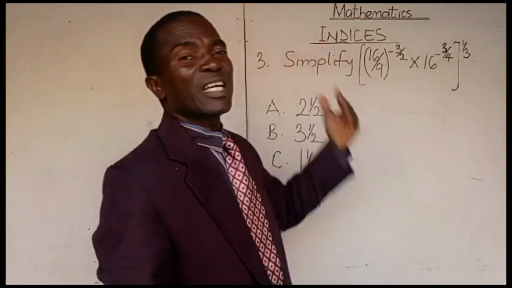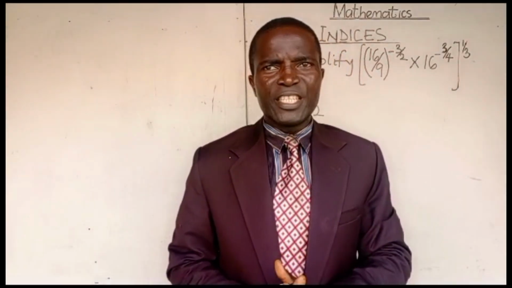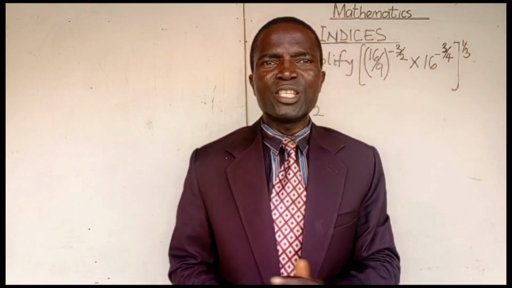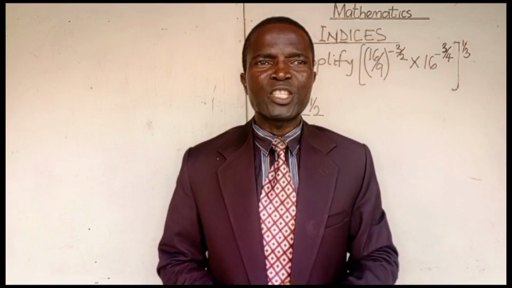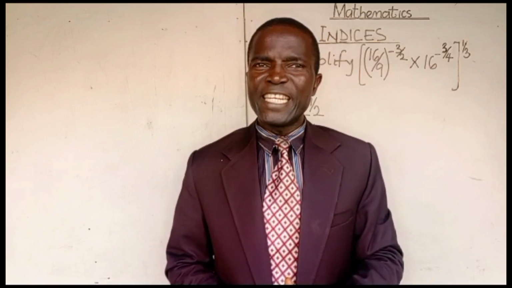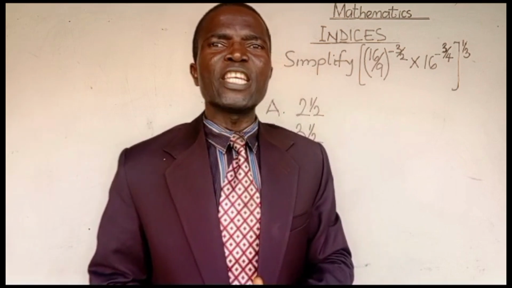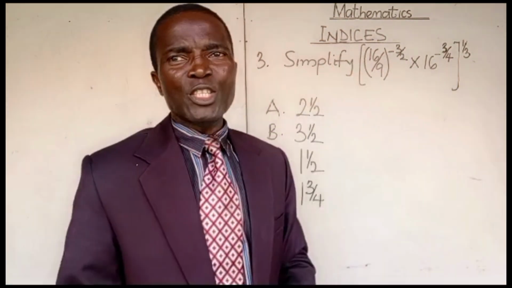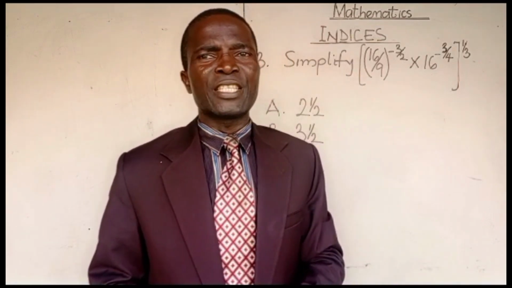This question centers majorly on indices. What is indices? Indices is an aspect of mathematics that deals with simplification of terms with respect to their index or power. So the plural form of index is indices. And there are various laws that govern solving problems in indices.